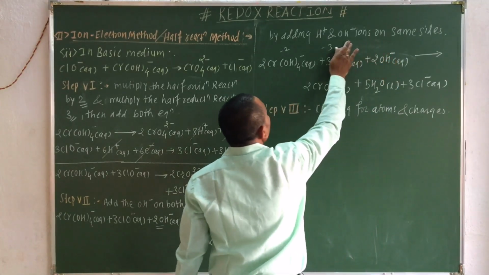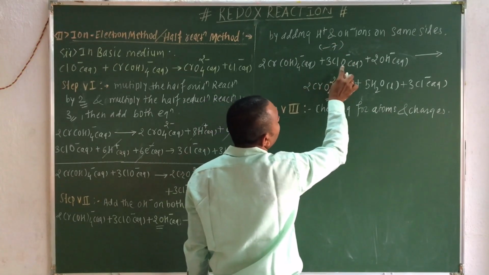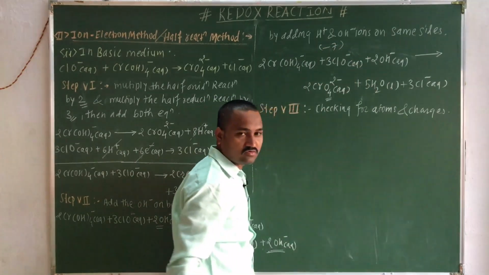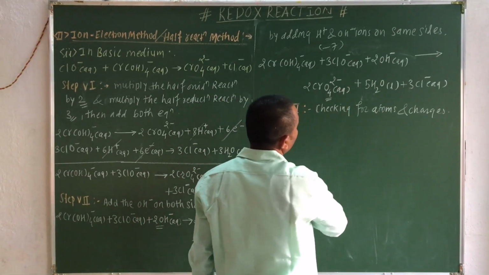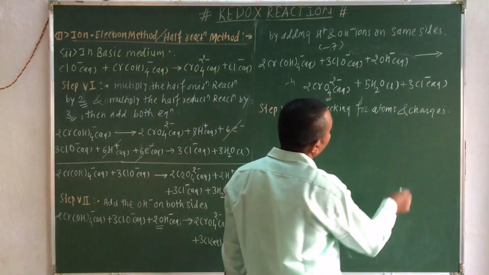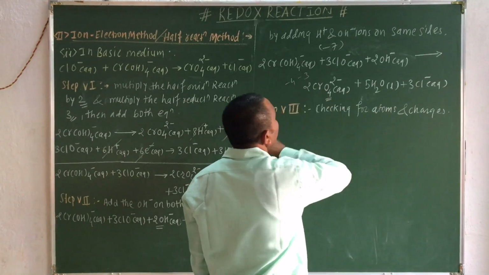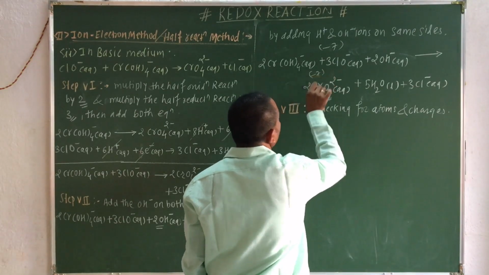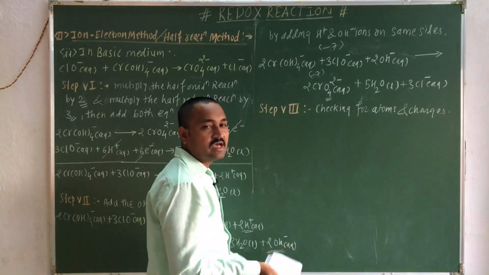So overall there will be -7 charge: -2, -3, -2, -7 on your left hand side. What about your right hand side? 2 into -2 is -4 charge, and 3 into -1 is -3 charge, which equals -7 charge. So this reaction is balanced with respect to the atoms as well as the charges.